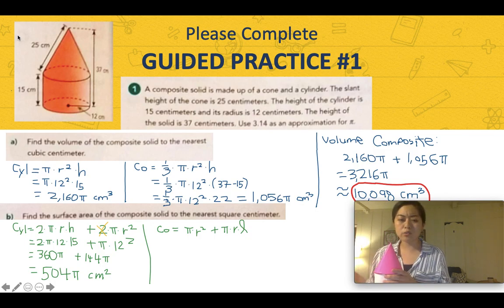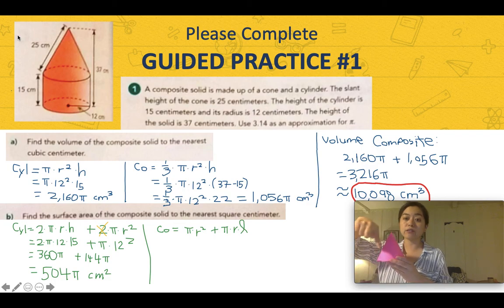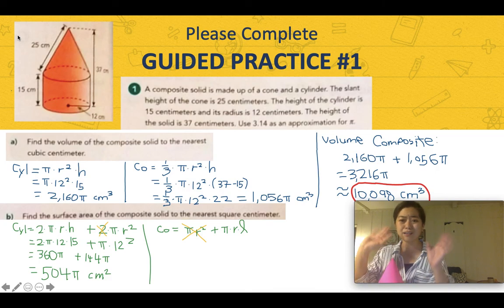And in the equation, do you see which one is the base? The base is this circle part, right? And so the pi r squared accounts for the base here, okay? And the pi r l accounts for the lateral surface area around the cone here, okay? So we're not going to count the surface area of the base here, okay?